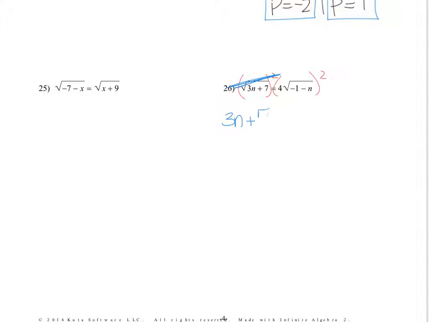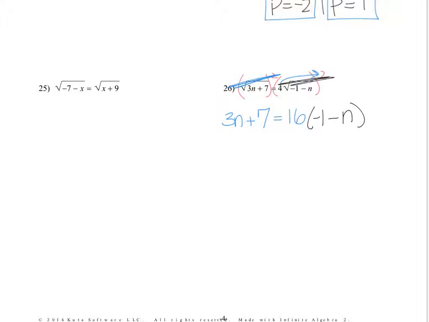So 3n plus 7. Now, when I square this, there are two terms in here. There's a 4, and there's this radical. So I actually have to square the 4, which gives me 16. And then when I square this radical, the radical and the square cancel each other out, so I'm left with negative 1 minus n that I'm going to multiply by that 16.